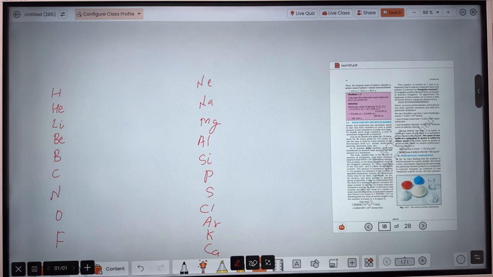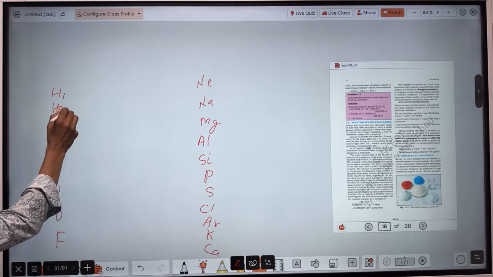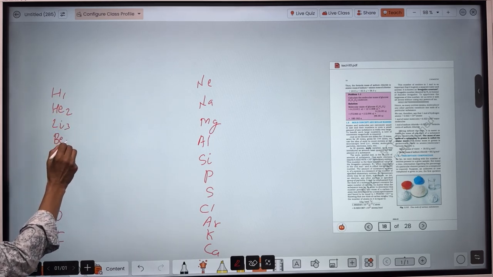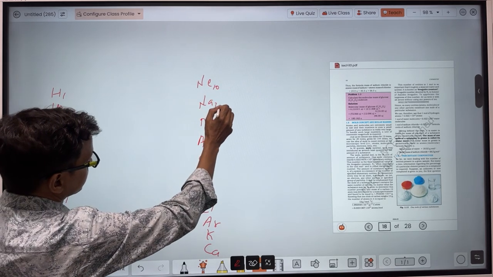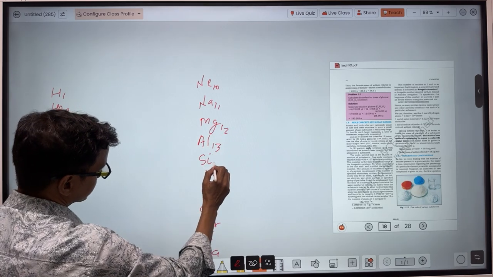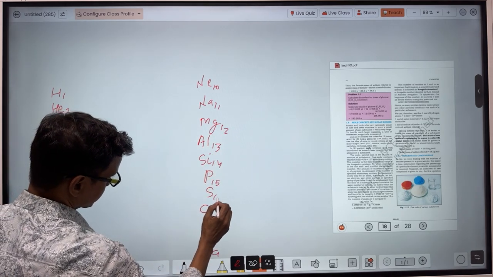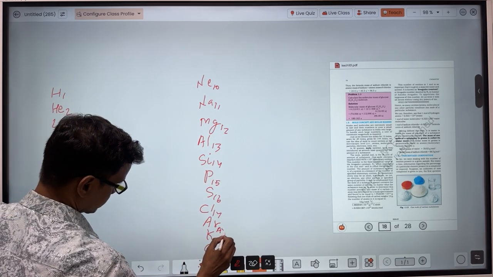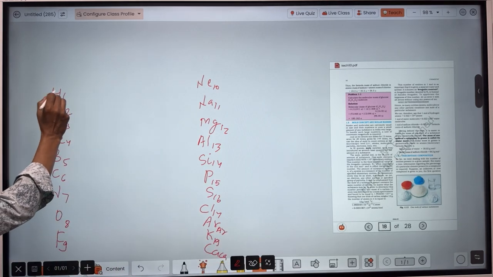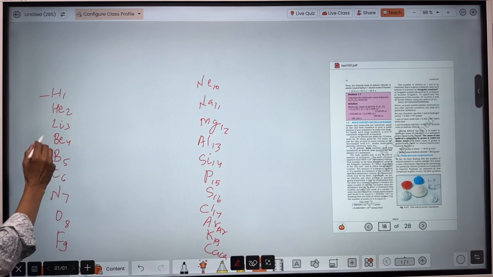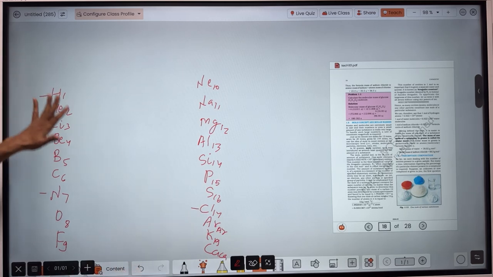Listen then. So firstly, fill this one. Here, atomic weight, except hydrogen, beryllium, nitrogen and chlorine, except these.